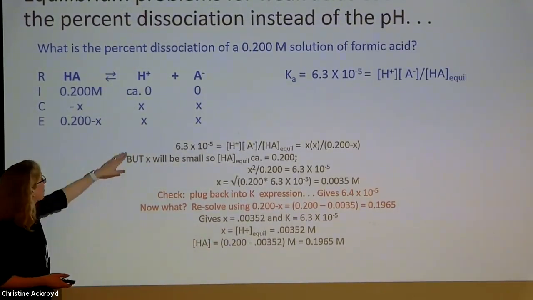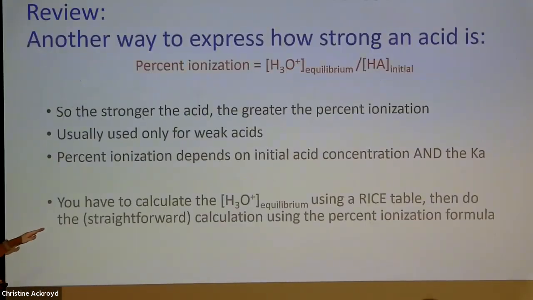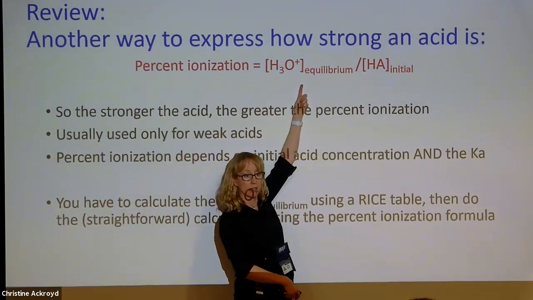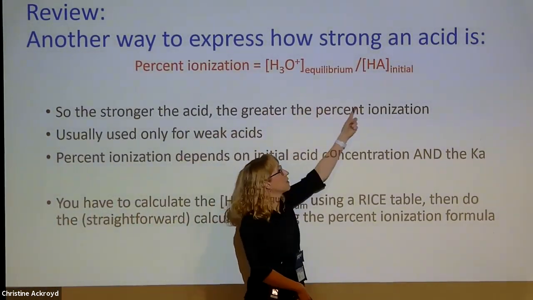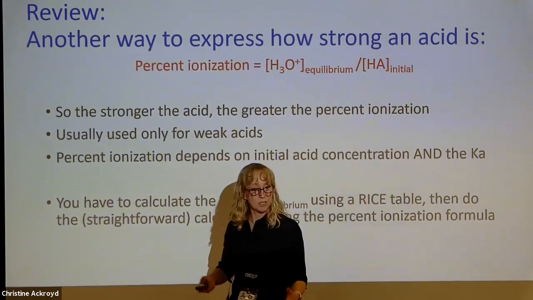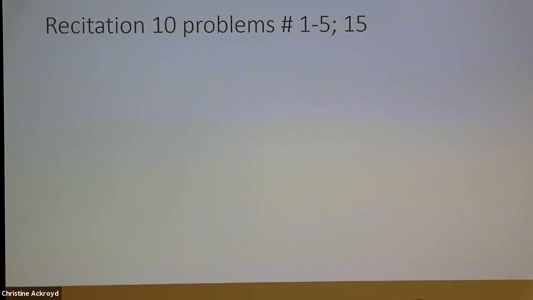Once you have X here, if we go back to our formula, that X is your hydronium concentration at equilibrium. So then you take the X, divide by your initial concentration, multiply by 100 to get the percentage. That's all you have to do. It sounds like a different kind of problem, but it's just the same kind of problem. We're going to skip this because we're going to run out of time.